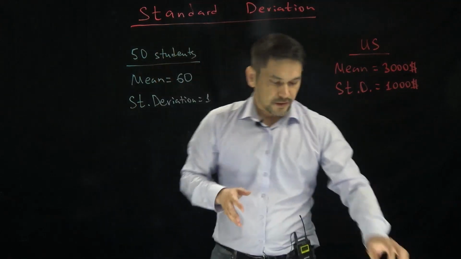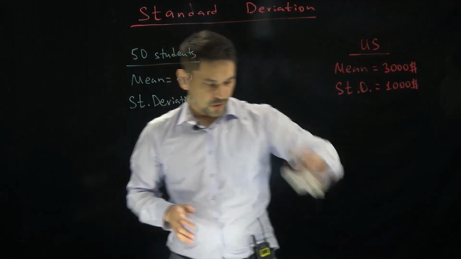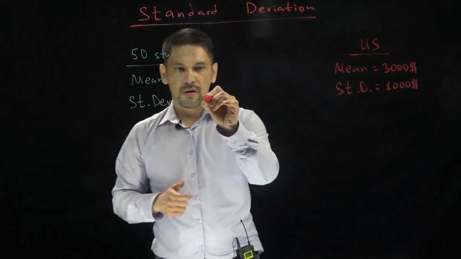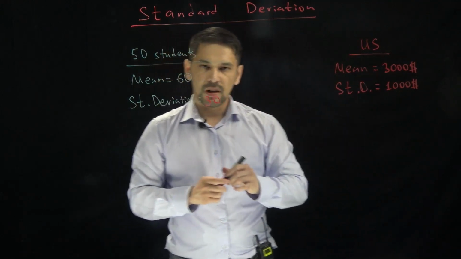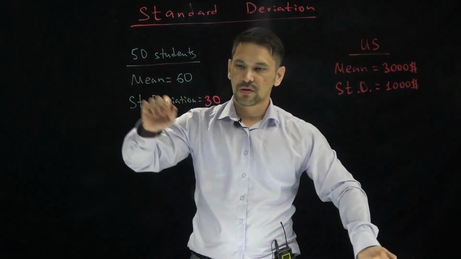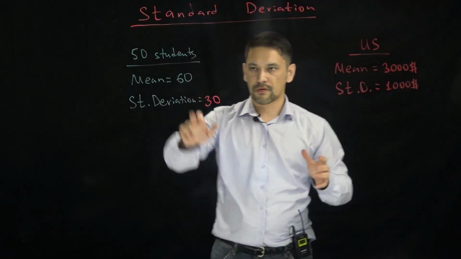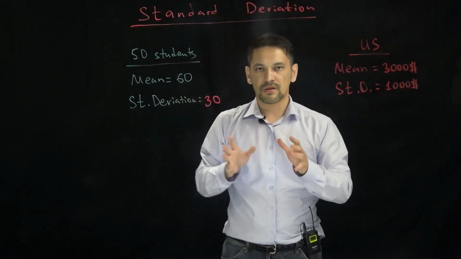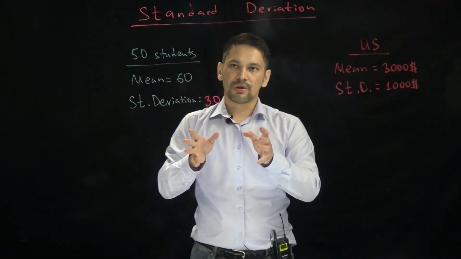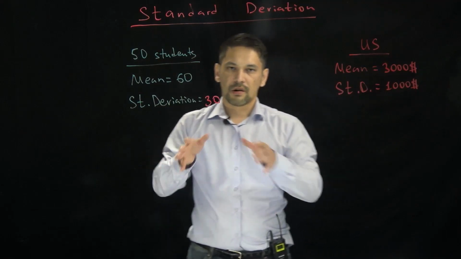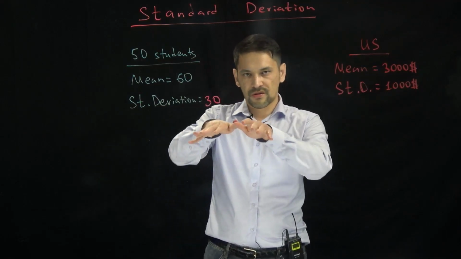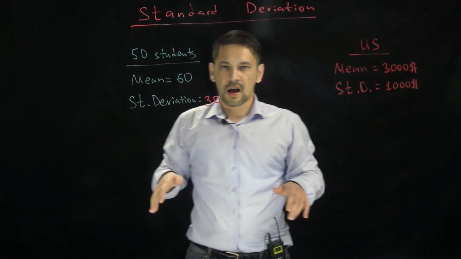Now, if, let's say, the standard deviation is equal to 30, then it means that the scores of all the 50 students are quite different from the average score. The scores of the students are quite far from the average score. They're more spread out, more spread away from the average in the graph.